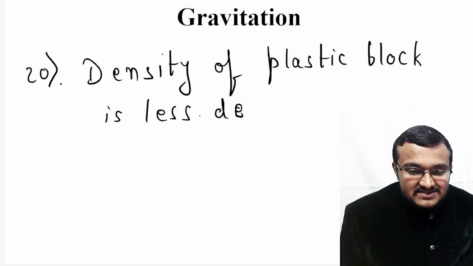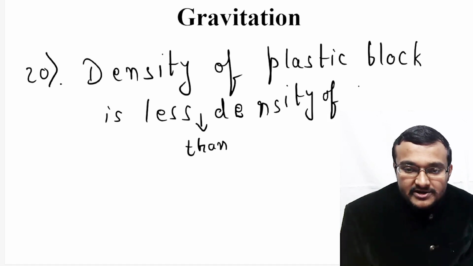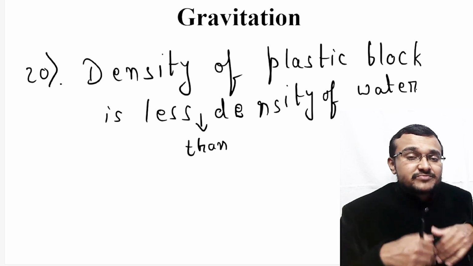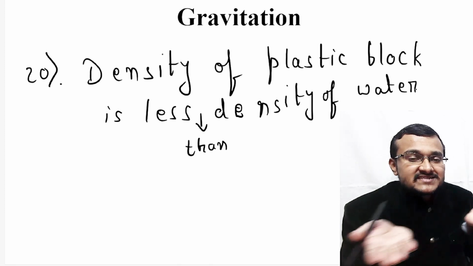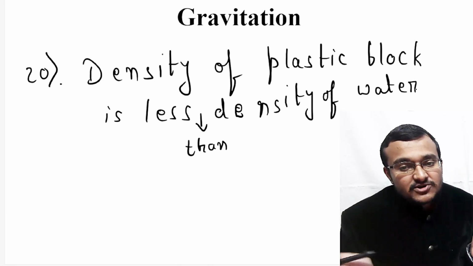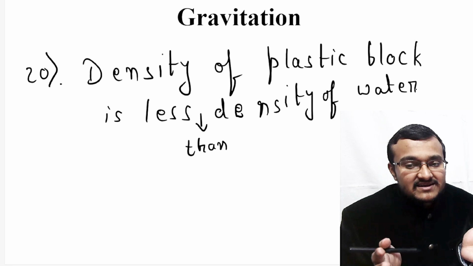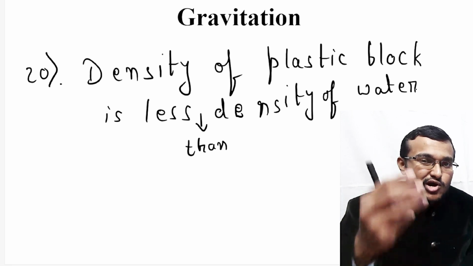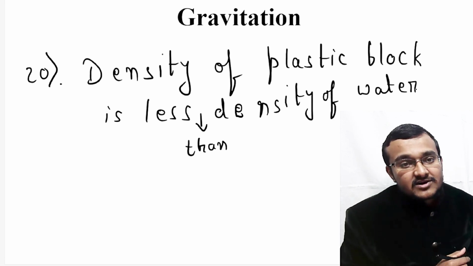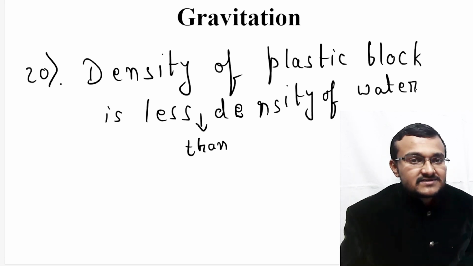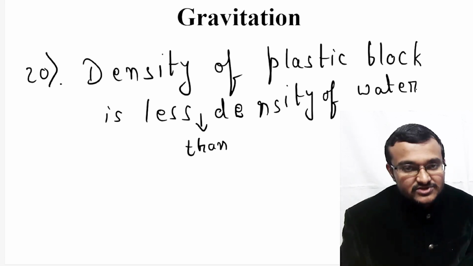So this plastic block will experience the buoyant force applied by the water, and it stays at the surface because its density is less than the density of water. Hence the plastic block cannot overcome the buoyant force of water and it cannot drown inside water. So density is the main player in this 20th question.